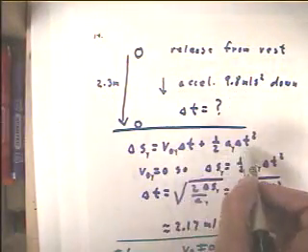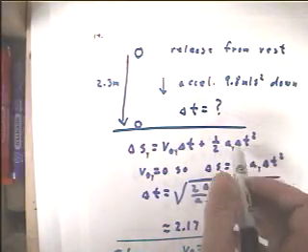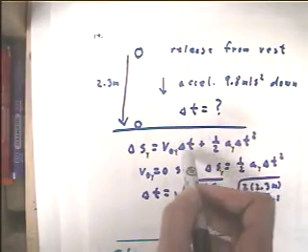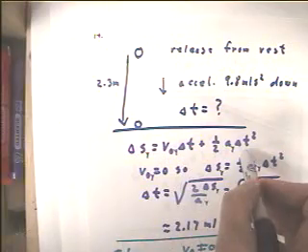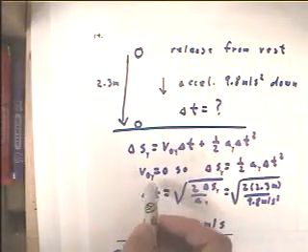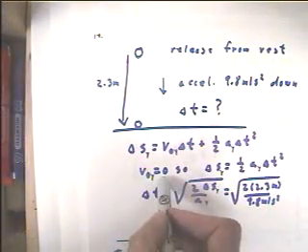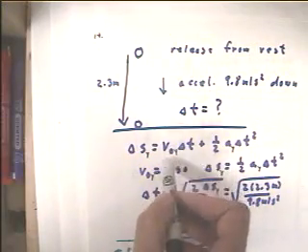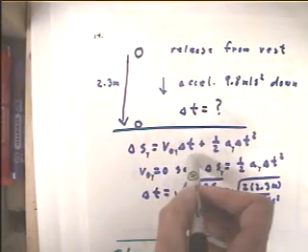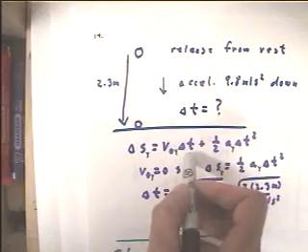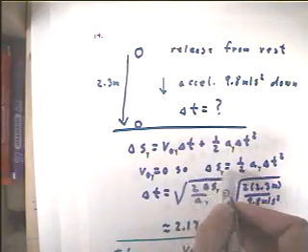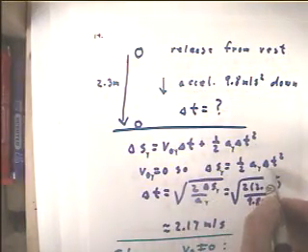Ordinarily, to find delta t from this equation, we'd have to solve a quadratic, because we have both delta t and delta t squared in the equation. However, in this case, the initial y velocity is 0, which makes the v naught delta t term 0. So we have just delta sy is 1/2 ay delta t squared.